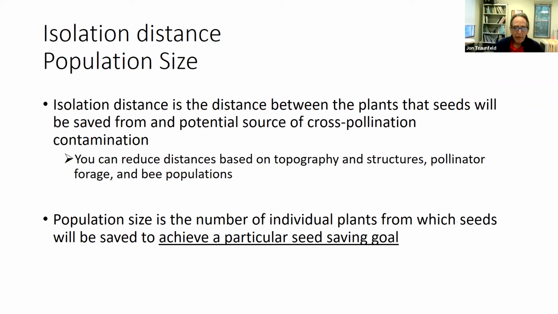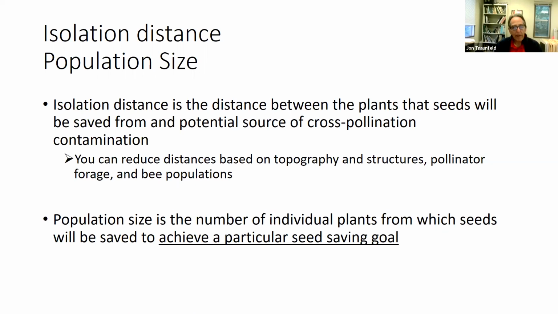Now, the isolation distance here really is referring to insect pollination. When it comes to wind pollination, we're going to need big distances. But for those crops that are insect pollinated, what we're really talking about is how far can a bee fly, or how many bees are in the area, and what's the likelihood that they're going to go from my neighbor's garden to my garden.